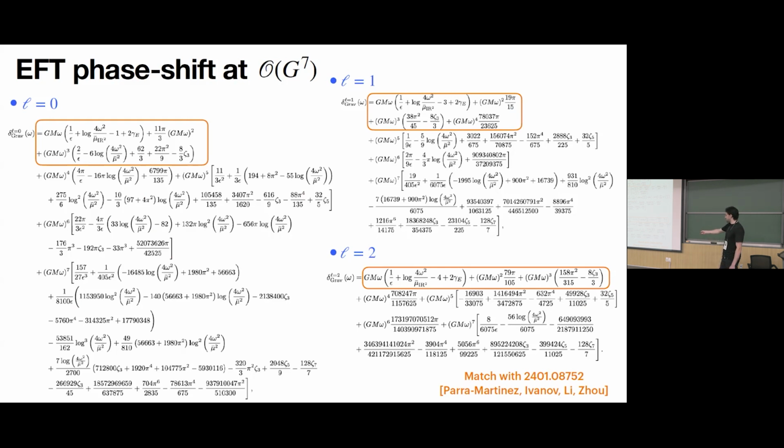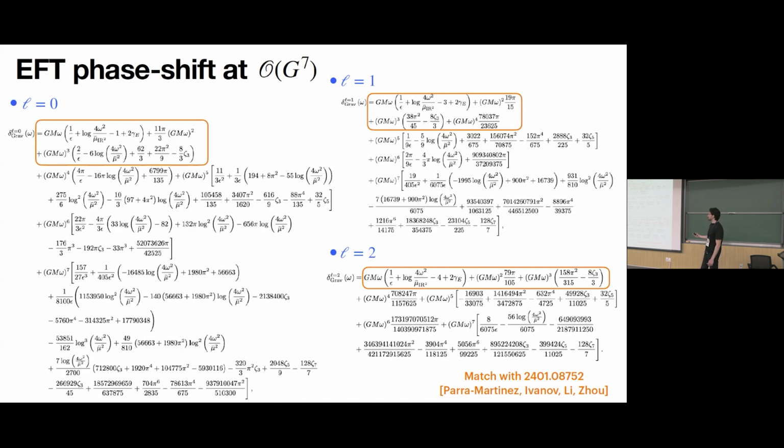In this paper, which was very important, they computed this by computing the loops in Feynman diagrams. We use this Born series approach, which in the end amounts to a 6-loop computation. Okay, so this is just the EFT result without Love numbers.